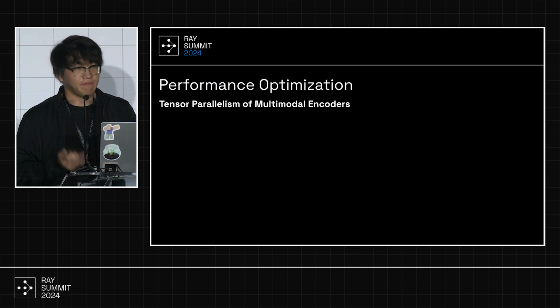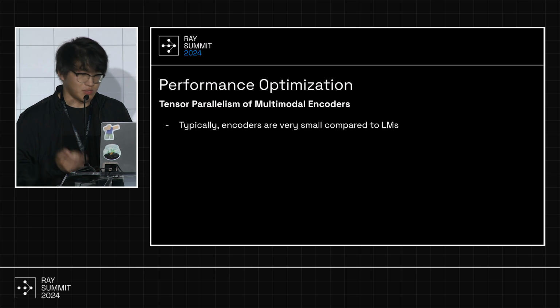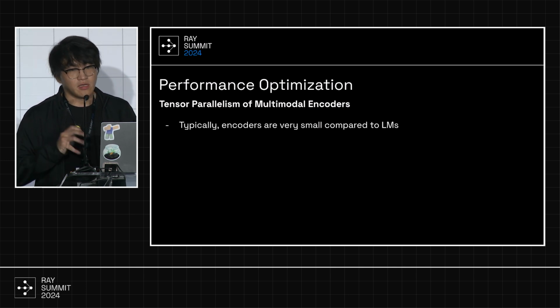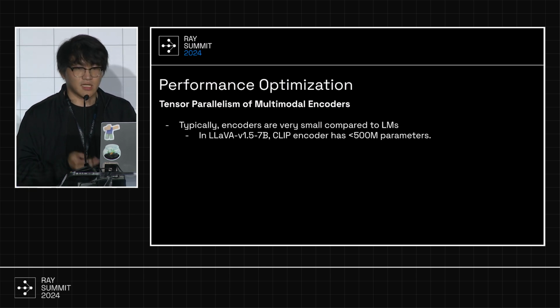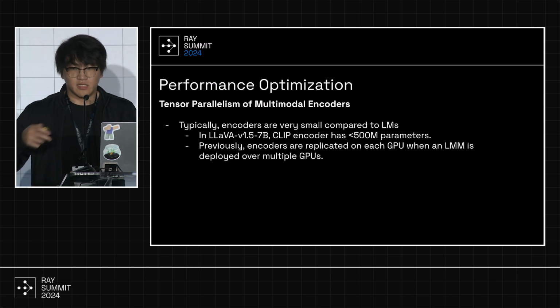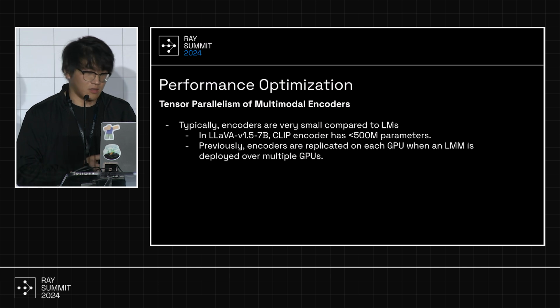The first optimization we did was TP on the multimodal encoders. Just as background, these encoders, the CLIP encoder or SigLIP encoder, are typically very small compared to the actual language model backbone. For instance, in LLaVA 1.5 7B, the CLIP encoder is only smaller than 500 million parameters. Previously, these encoders were replicated on each GPU if you deployed these models over multiple GPUs, because we felt this small model didn't really warrant the engineering effort to tensor parallelize these encoders.